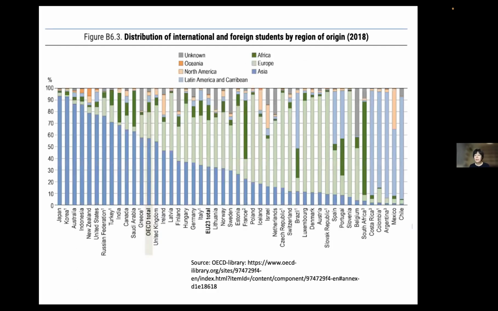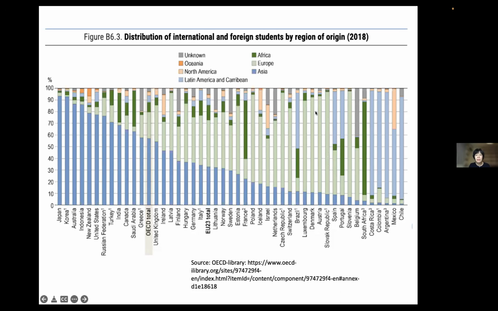And here is a chart. Can you tell the pattern? See all the blue on the left-hand side, there's a very large blue area petering out here, is all Asian students. And the light green ones are all European students.